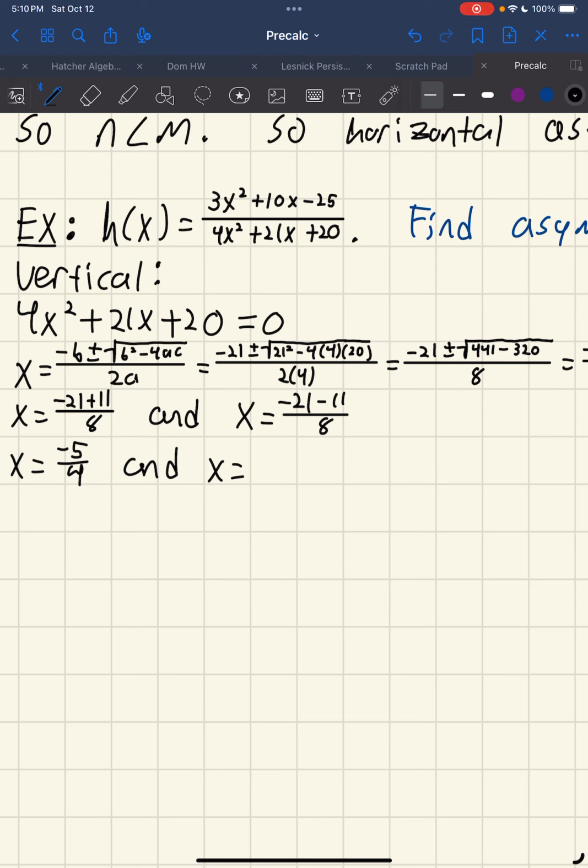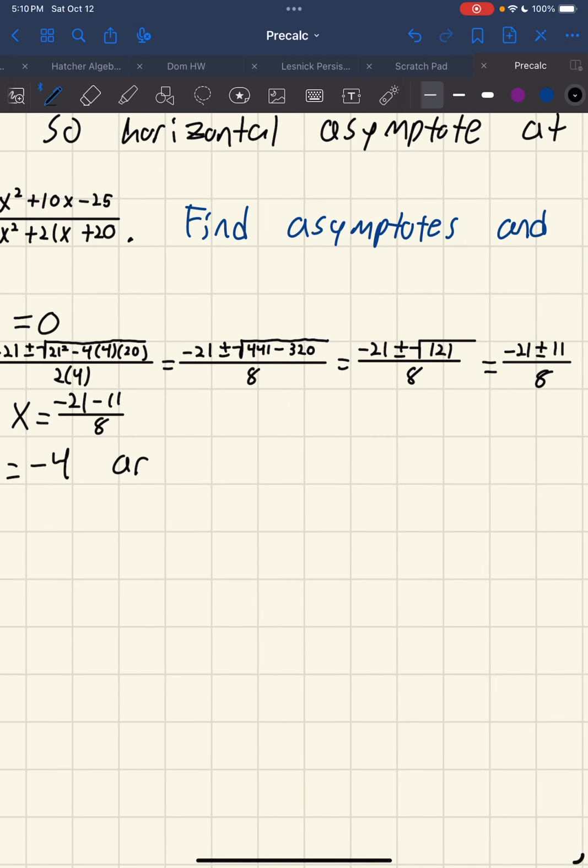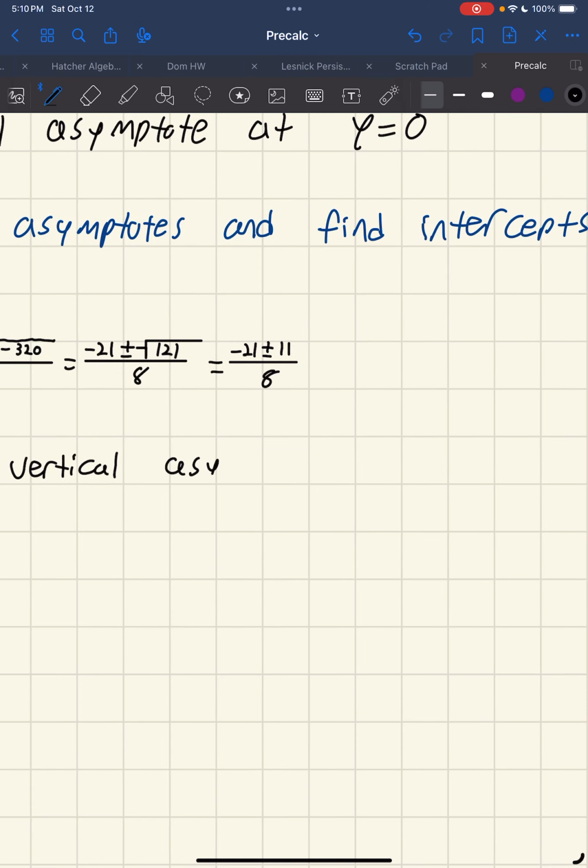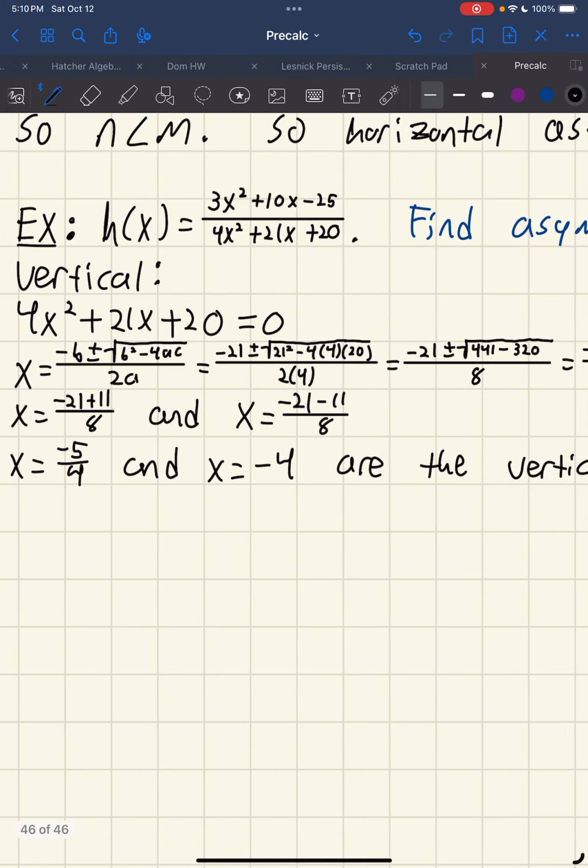And x is equal to negative 21 minus 11, which is negative 32 divided by 8, which is negative 4. Those are the vertical asymptotes. Cool. Vertical asymptote's done. Let's move on to the horizontal.